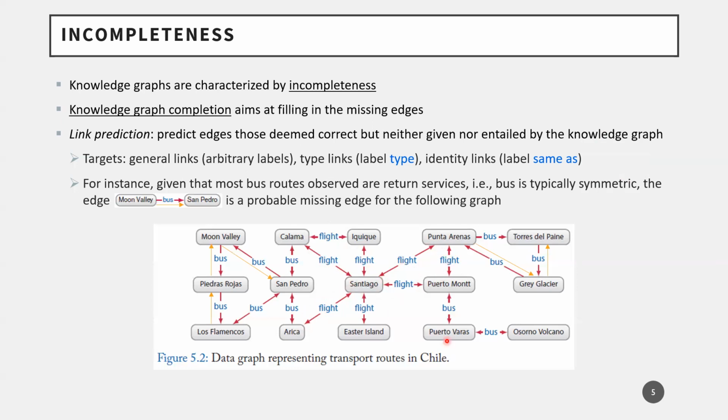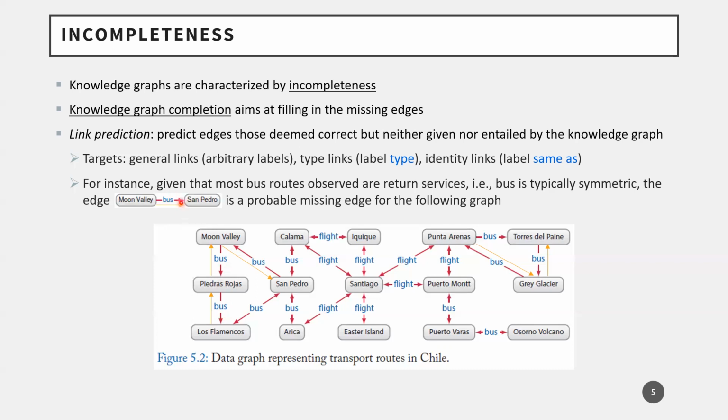But if we consider the bus links, some bus links have both directions, while others have only one direction. The bus links from San Pedro to Moon Valley to Piedras Rojas to Los Flamencos have only one direction.